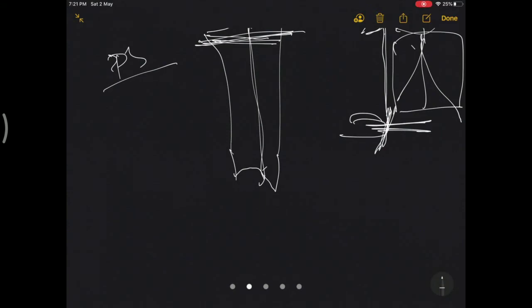So it's more of a simple procedure, and the complexities we'll discuss later, like what the steps are in varus, valgus, flexion, recurvatum.